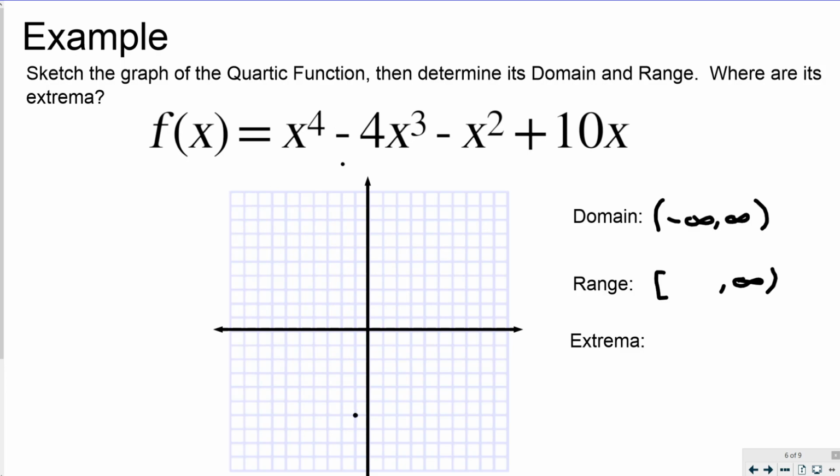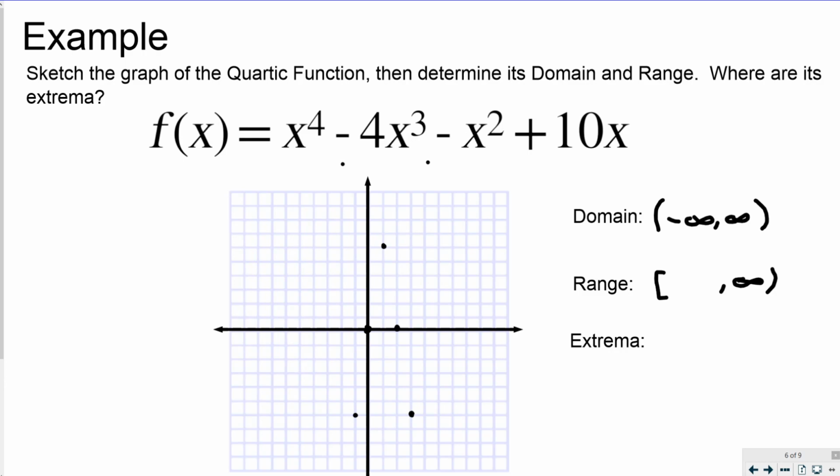And then you have 0, 0 as a point. 1, 6 is the next point. You have 2, 0 as a point. And then you have 3, -6 as a point. And then it goes all the way back up to 4, 24, so it's going to be off the graph at that point.